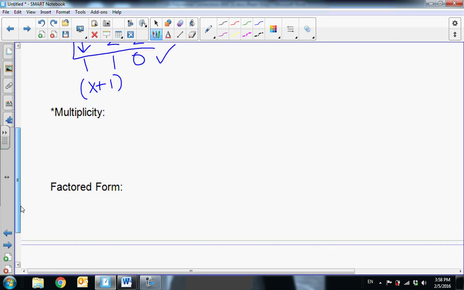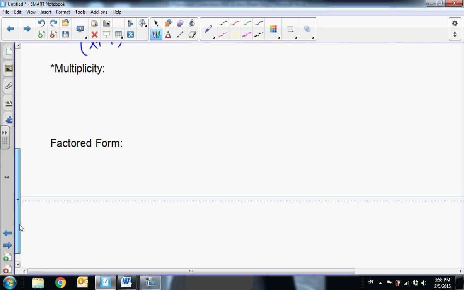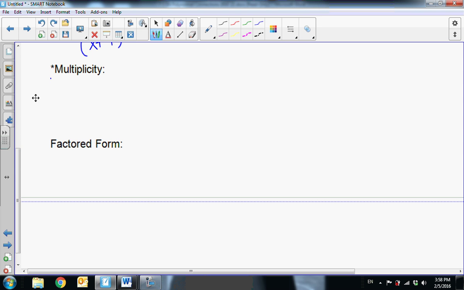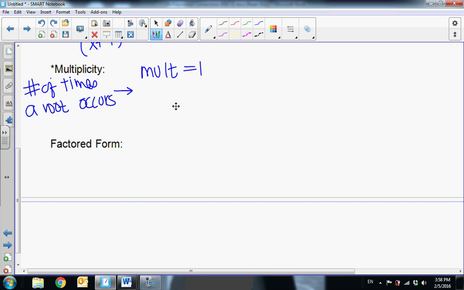All right, so let's talk about what that means, multiplicity. Multiplicity means the number of times a root occurs. The number of times a root occurs. Normally, a root has a multiplicity of 1.